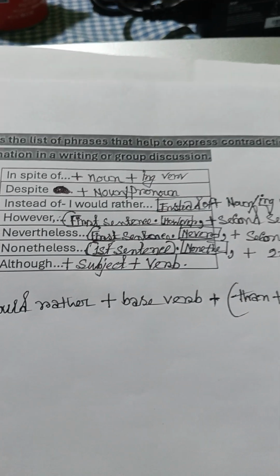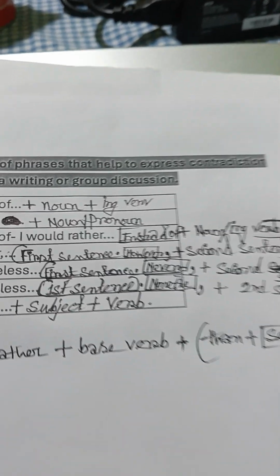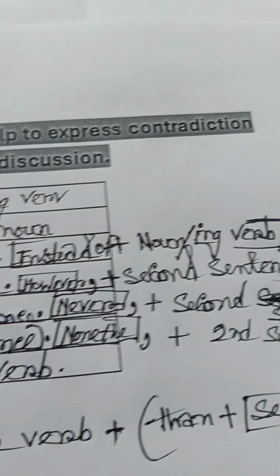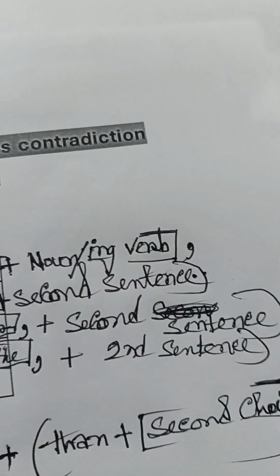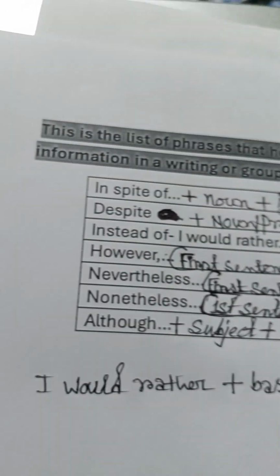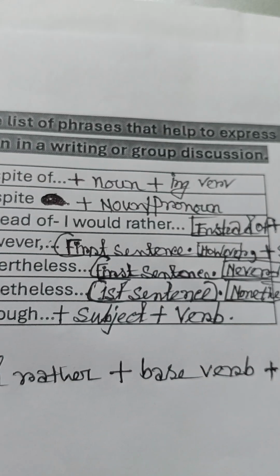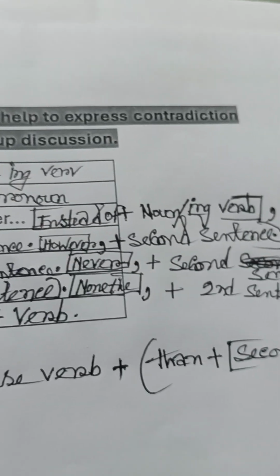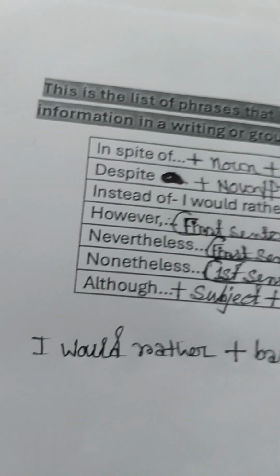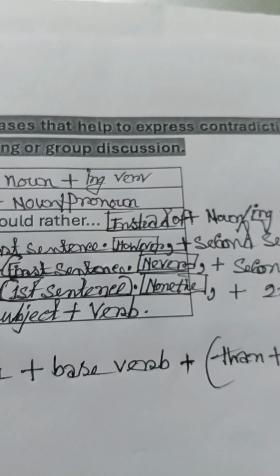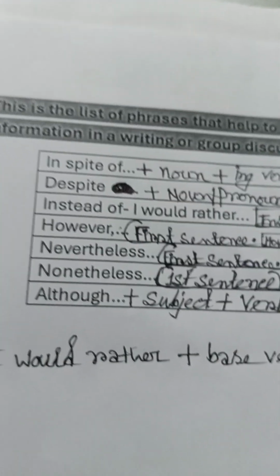Then instead of plus noun or verb-ing. And then however: first sentence structure, then full stop, however, comma, second sentence. Likewise, nevertheless: first sentence, full stop, then however, comma, then second sentence.